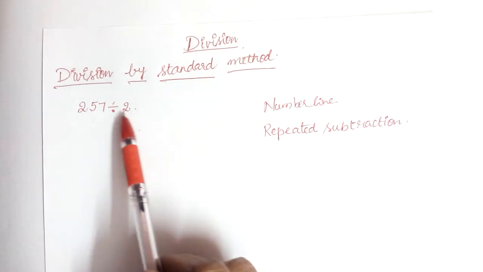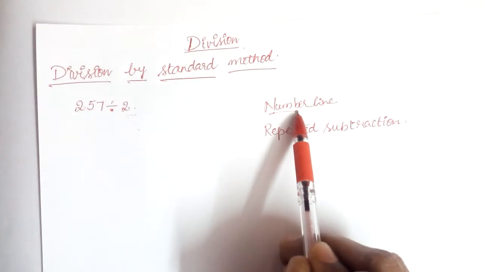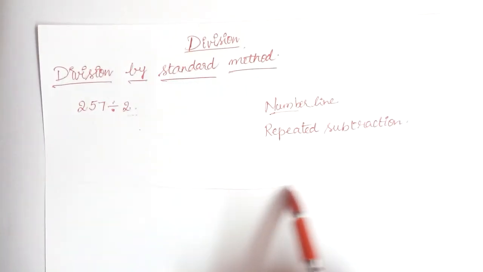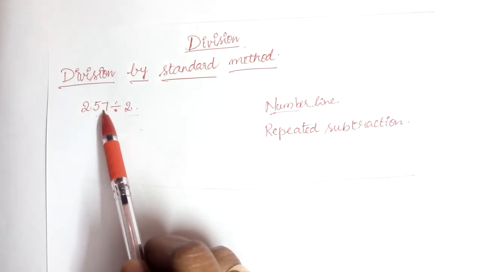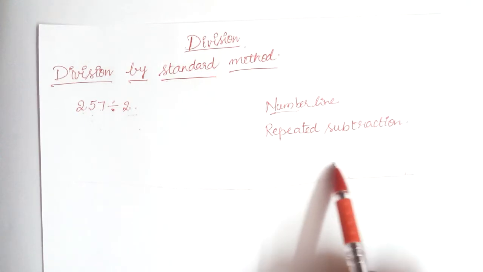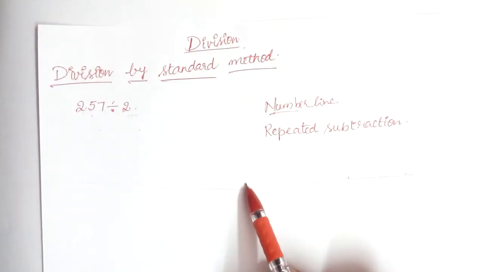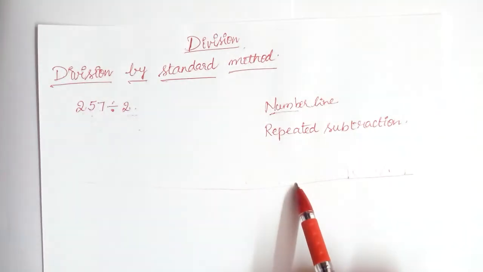257 divided by 2. See, if we want to use number line method, we have to draw so big line with 257 numbers, right? And every jump we have to take with 2. It is very difficult to count the jumps also, right?